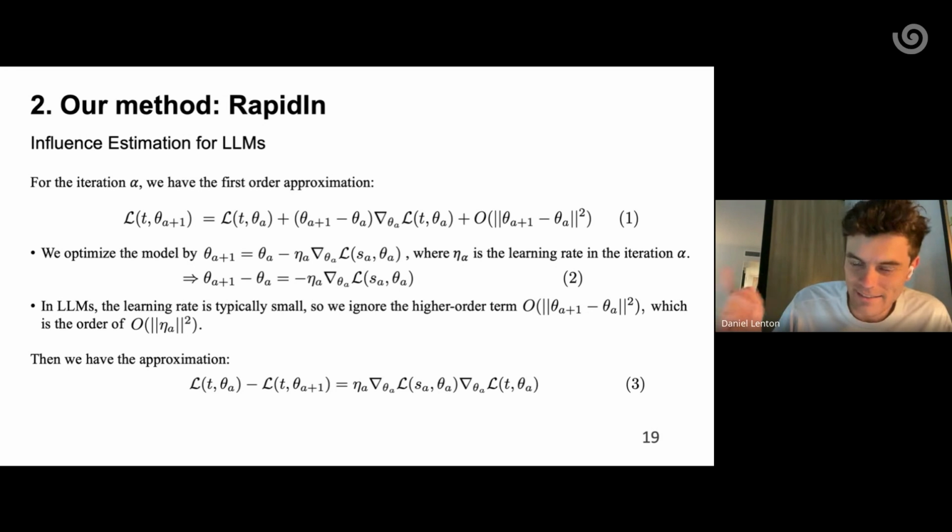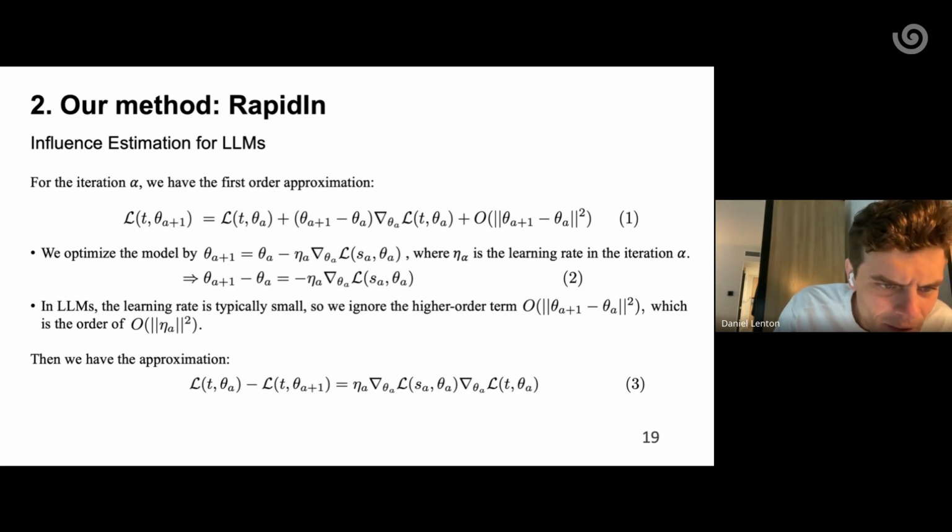S sub A is the single batch, one training example, right? Okay, that makes sense. And then we have this approximation, which is that the difference in the loss between these two equals the gradient of the loss of this training example times the gradient of T.